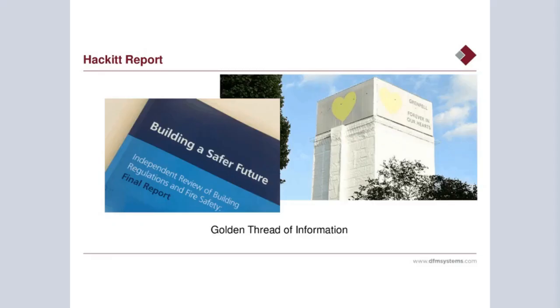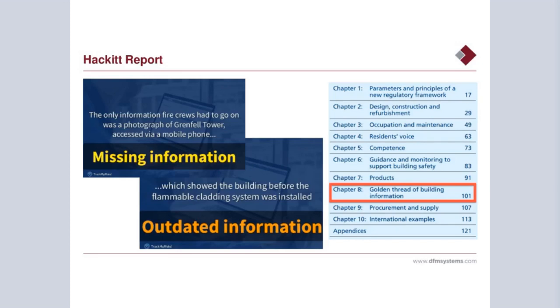One of the stark reminders of the importance of information contained within the safety file is the Grenfell Towers tragedy, which claimed the lives of 72 people. The inquiry into this resulted in the Hackett report, which devoted an entire chapter to the need to maintain full building information and full building records.